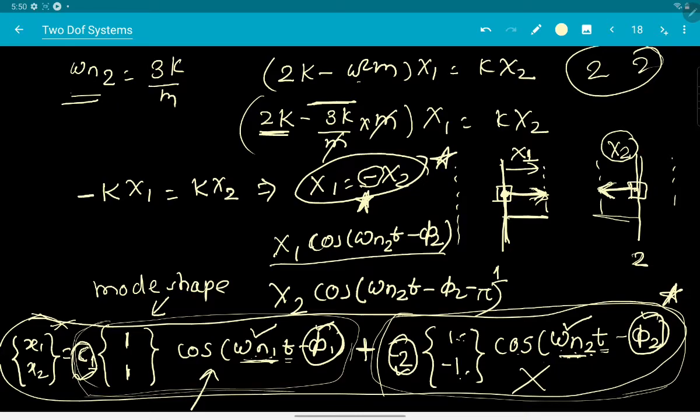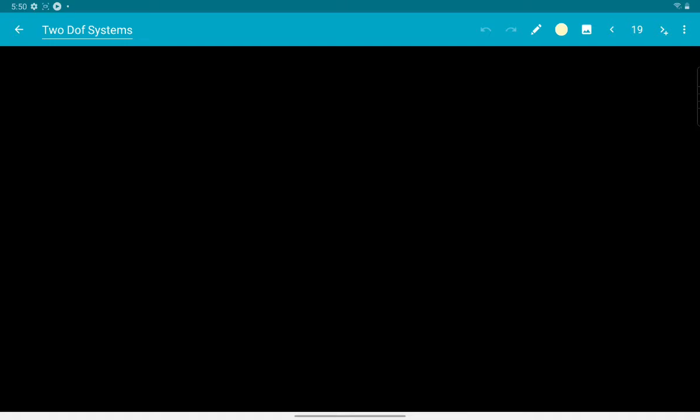So 4 unknowns, and you have 4 initial conditions obviously, which are 2 displacements and 2 velocities, which you are going to prescribe. Let me try to write down those initial conditions and see how exactly you are going to get the solution. So what are the initial conditions? We know that this vector x1, x2 at time t equal to 0 takes these values, x1 0, x2 0.